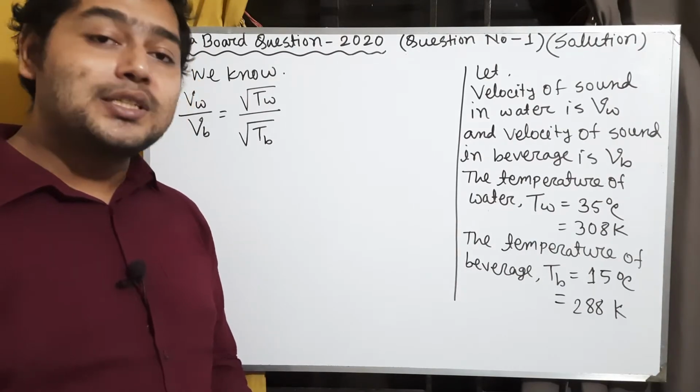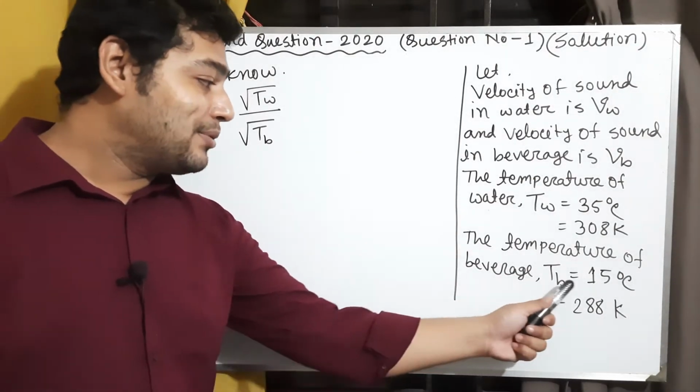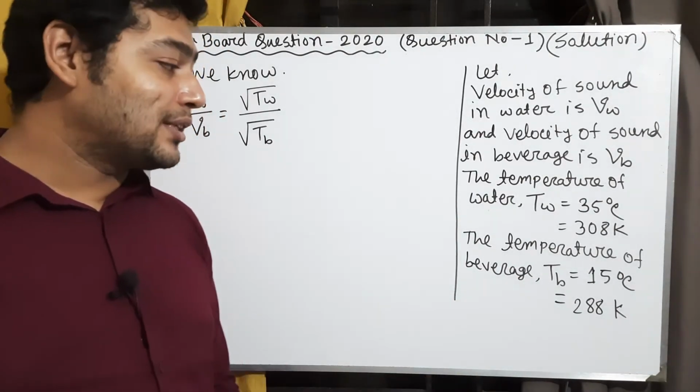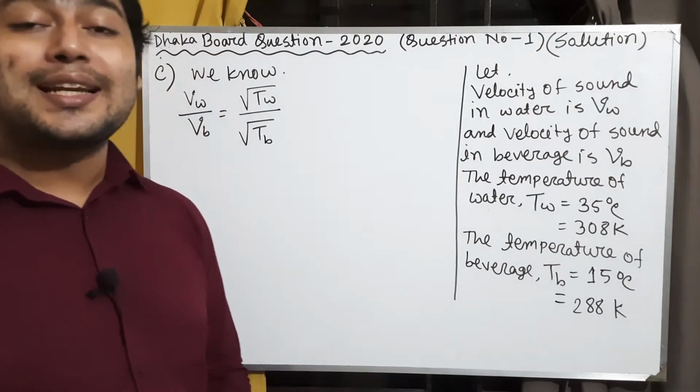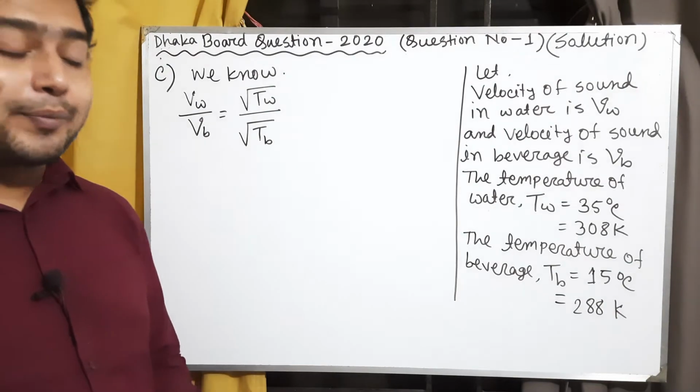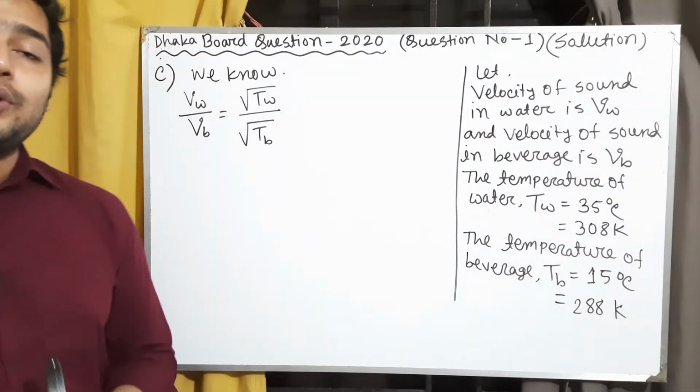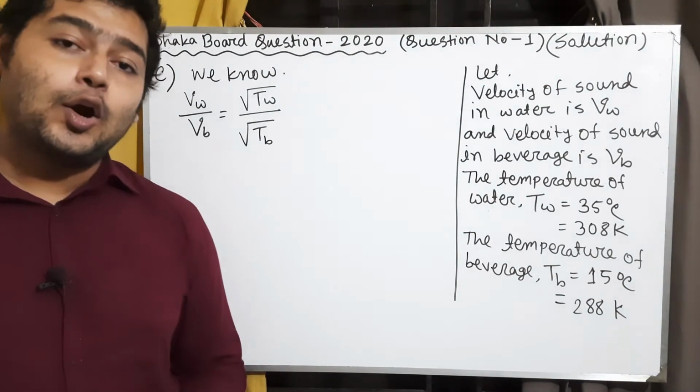The temperature of beverage TB equals 15 degrees Celsius, and converting to Kelvin we get 288 Kelvin.